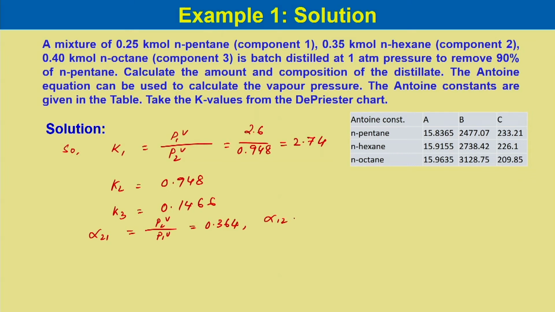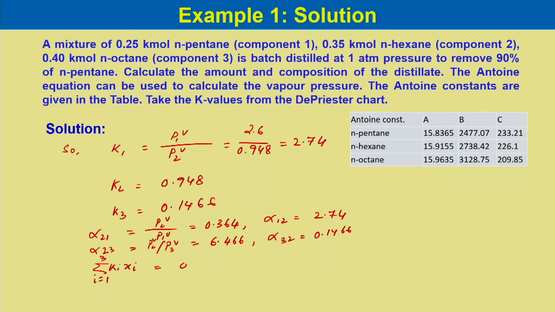Alpha 12 is 2.74, alpha 23 is P2V by P3V, which is equal to 6.466, and alpha 32 is 0.1466.